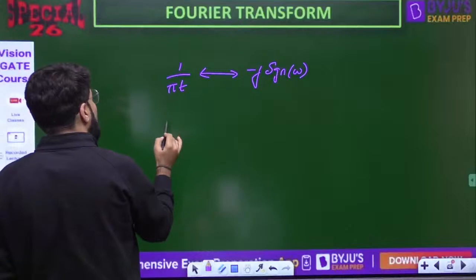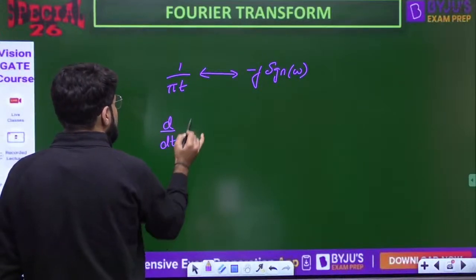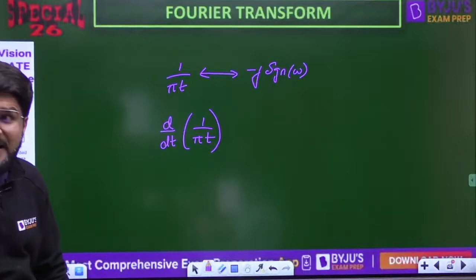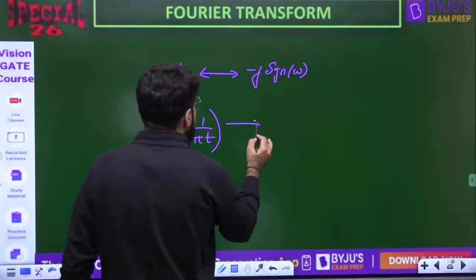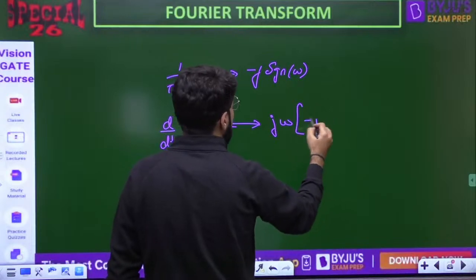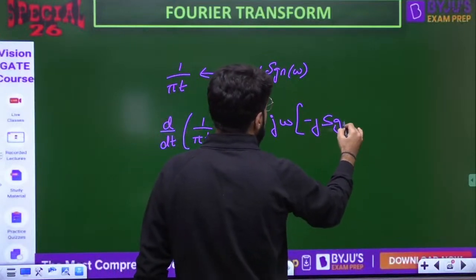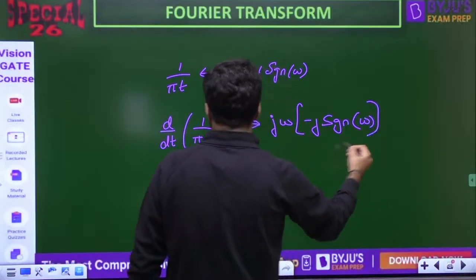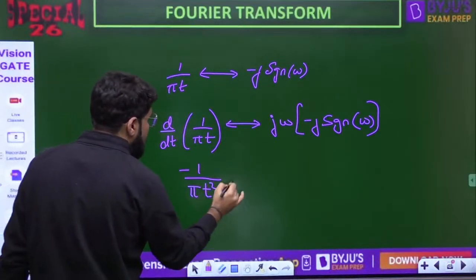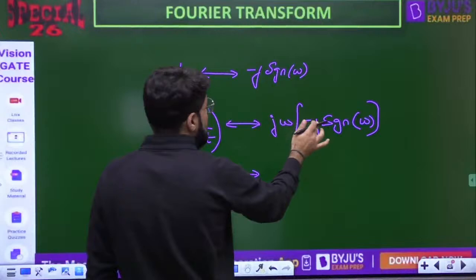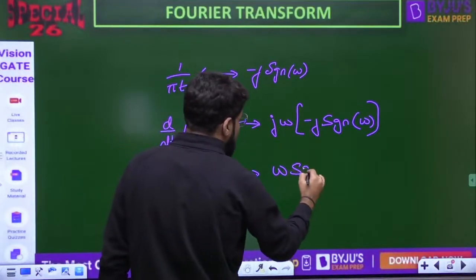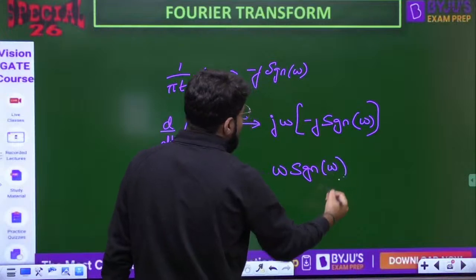Now time differentiation, because when you differentiate 1 upon t, the derivative of 1 by t is minus 1 by t square. The time derivative property says the Fourier transform is multiplied by j omega. So j omega into minus j signum omega. Differentiation of 1 upon t gives minus 1 by t square, so you get minus 1 by pi t square. j square is minus 1, so minus minus plus, giving plus omega signum omega.